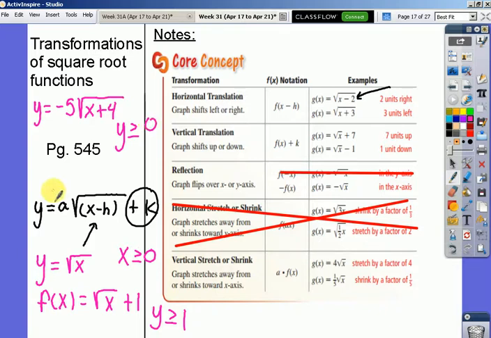So if what's on the outside is a negative here, then I'm going to be reflected about the x-axis or over the x-axis, depending on your teacher. I might say about the x-axis or over the x-axis, but you'll be reflected over the x-axis. That means that if you have a negative as an a value, that affects your entire function, that reflects it. That's why you see this here.